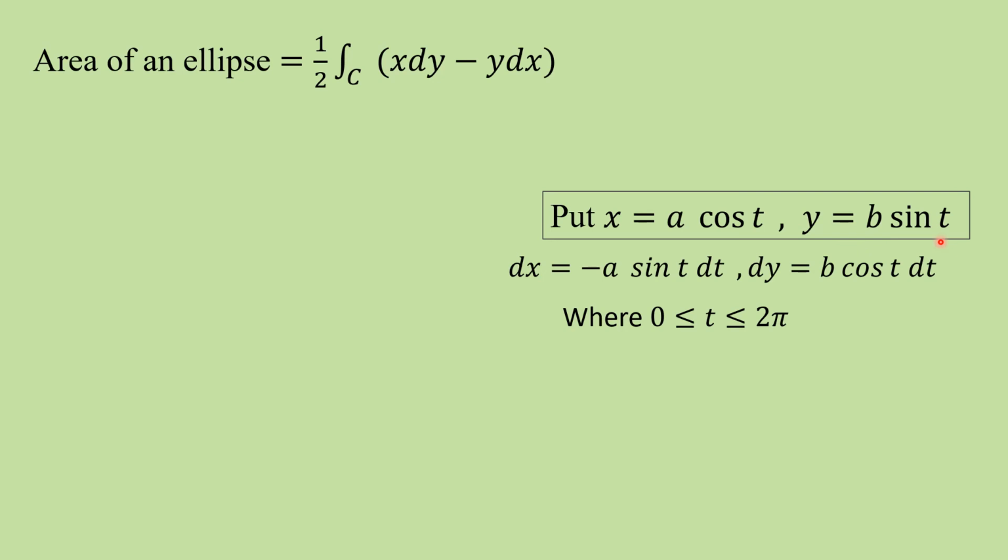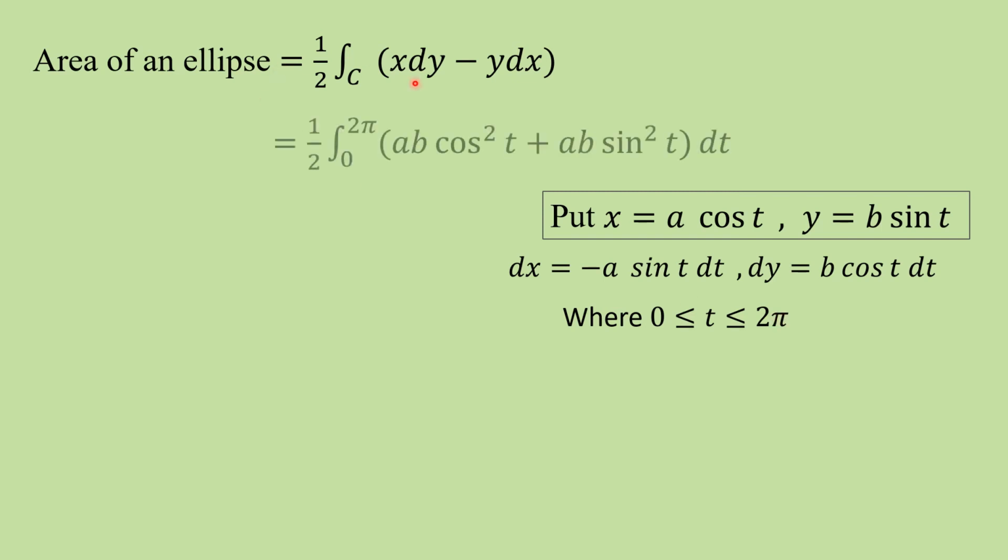The parametric equation of a circle is x equal to a cos t, y equal to a sin t. Here dx is minus a sin t dt and dy is b cos t dt, and for the ellipse t varies from 0 to 2 pi.